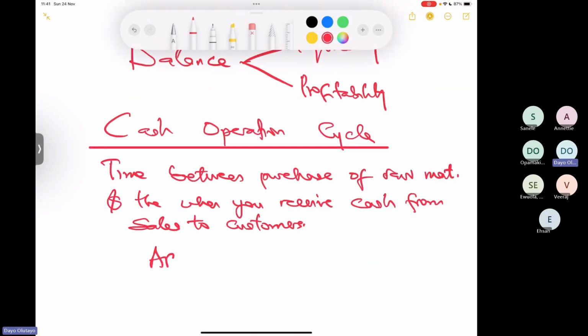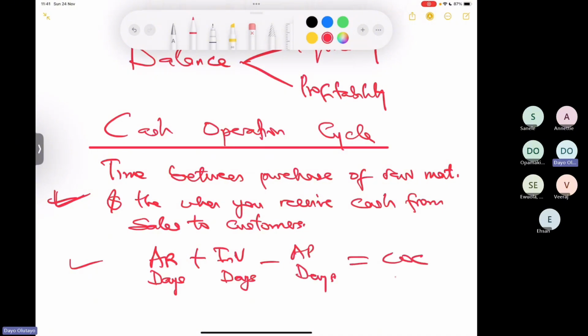And in terms of formula, if they ask you in exams, after you do your definition, please always give the formula because sometimes, even if you make a mistake a bit with your explanation, your formula can be your savior. Minus AP days. That is your cash operation cycle. And this is also called cash conversion cycle or working capital cycle.